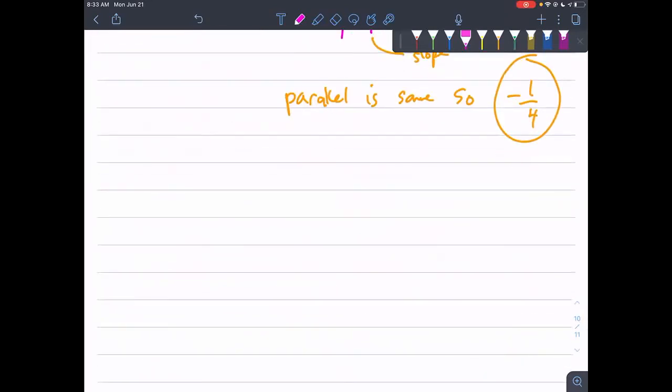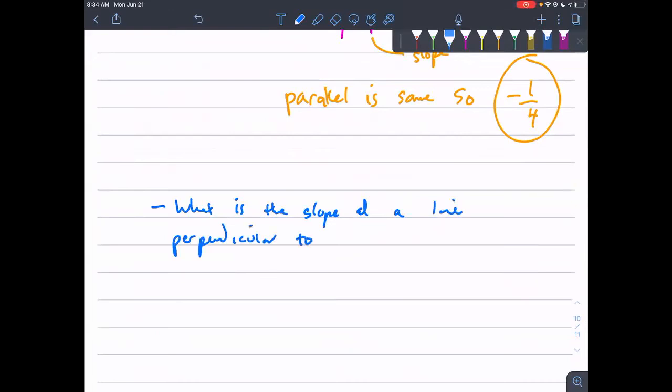Another one of those. What is the slope of a line perpendicular to 6x minus 15y equals 360? It's going to be the same sort of wording every single time.